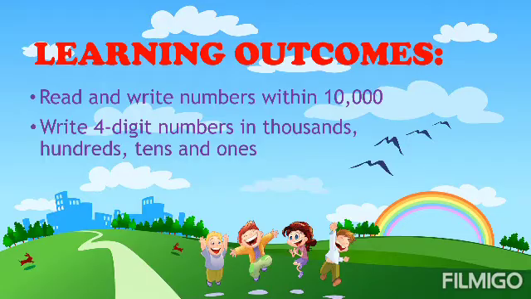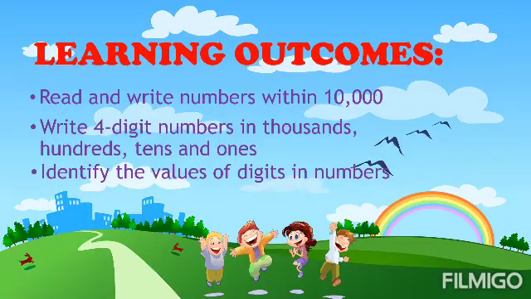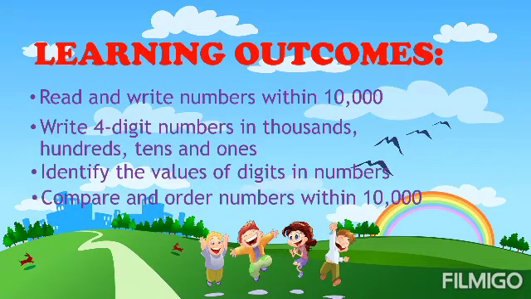And the third learning outcome is students should also know how to identify the values of digits in numbers. And the last learning outcome is students should know how to compare and order numbers within 10,000.